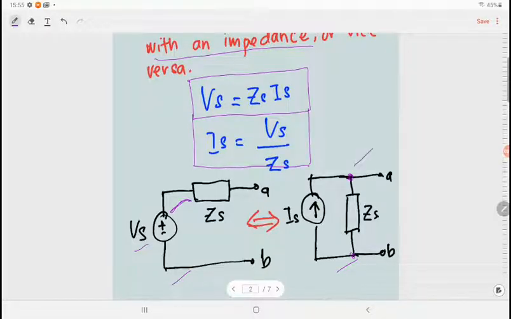Say you have a current source you need to transform into a voltage source: the new voltage source value is equal to Zs times Is. Say you have a voltage source you need to transform into a current source: the new value for the current source is Vs divided by Zs, right?